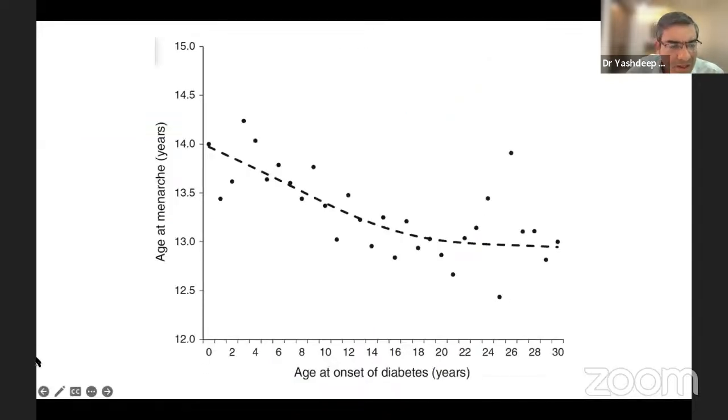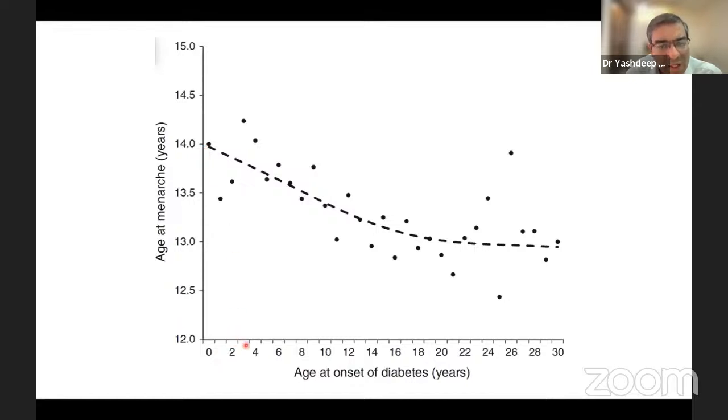So this is a graph which shows the onset of menarche in relation to the age of onset of diabetes. As we can see, if the diabetes is early onset, the menarche is late. So obviously there is a toxic impact of hyperglycemia during the early years in the reproductive age span, starting from menarche itself.